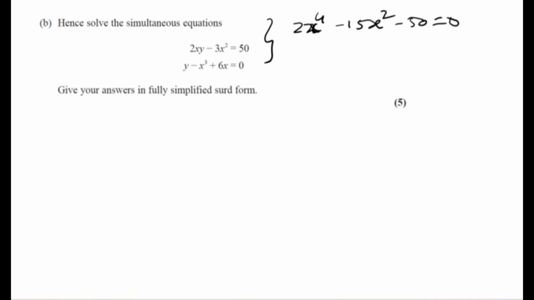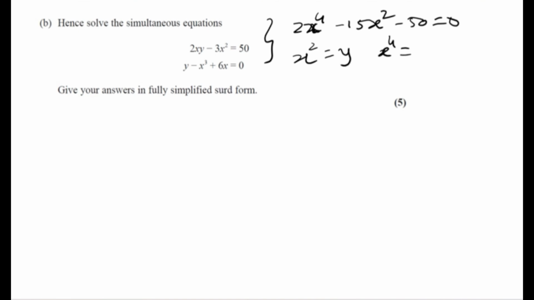Now in the second part, they are telling us hence or otherwise solve the simultaneous equations. Now to solve the simultaneous equations, we use this form that we already derived. But here you can see the powers 4 and 2 are there. To make this simplification easy, what I will do is, I will take x squared is equal to y.